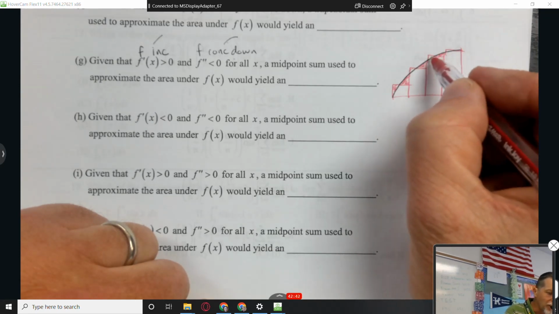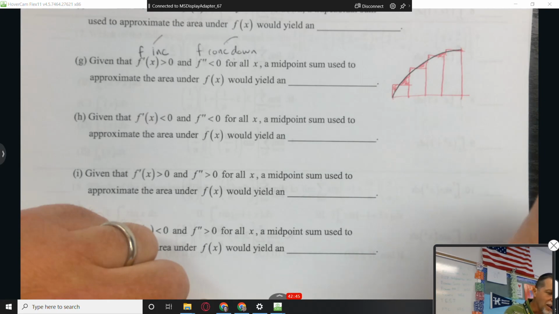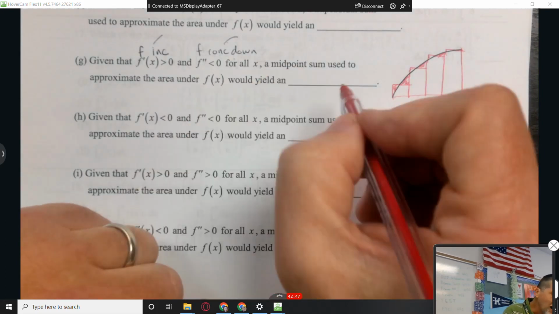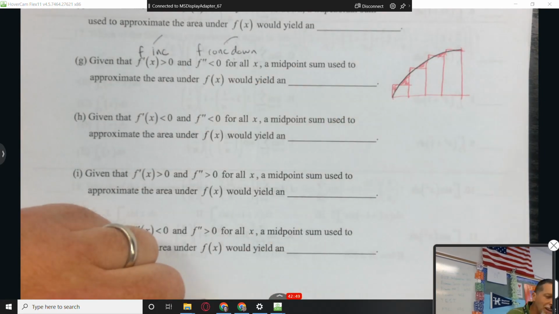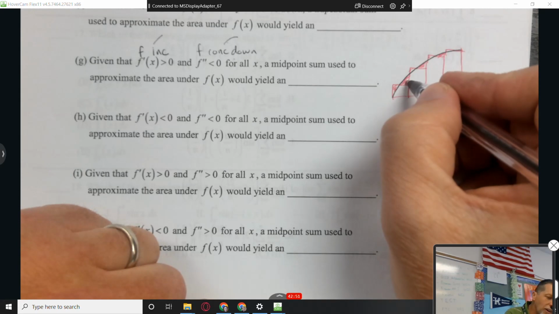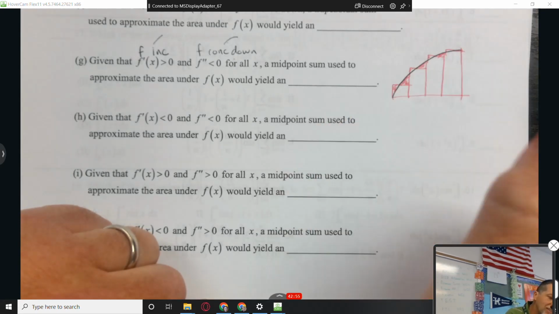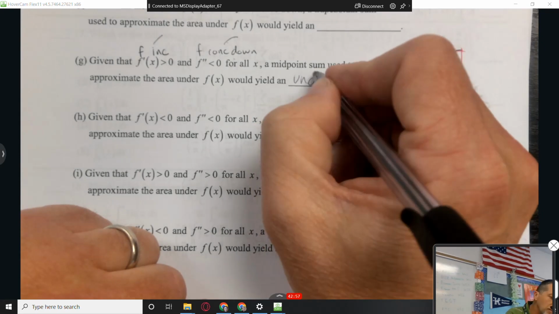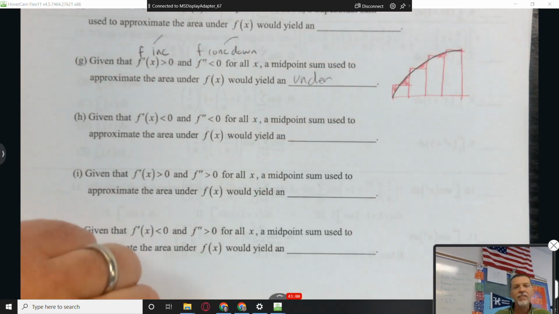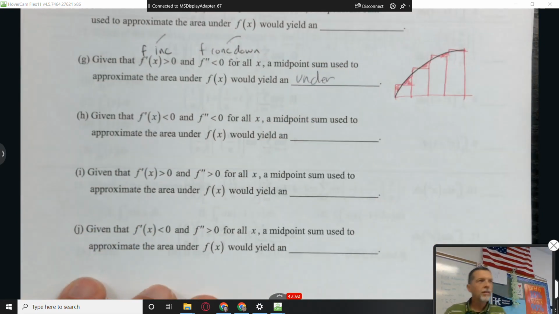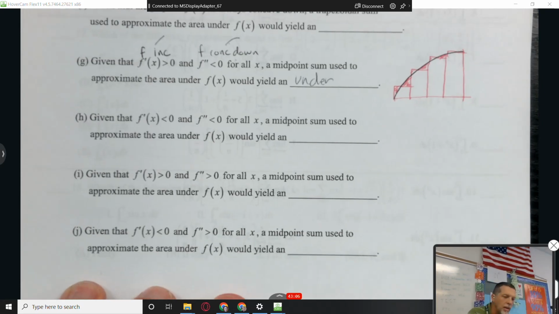Doesn't that just depend on how much you draw your line? Well, if they're asking this question, I think there's going to be an answer. And so if there's more area that we're missing, then this is an underestimate. That's a tricky one. And it might have been helpful to draw a more extreme version of that.